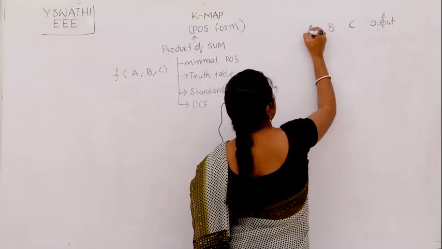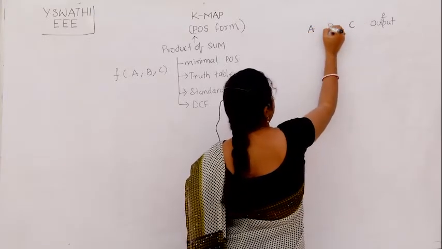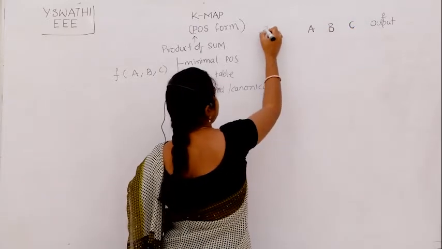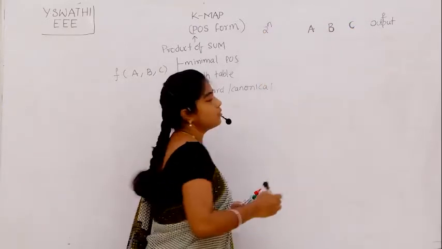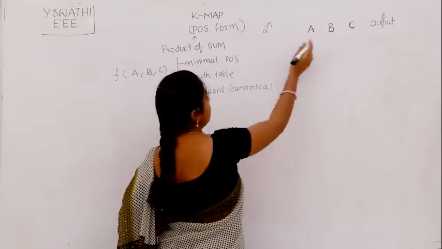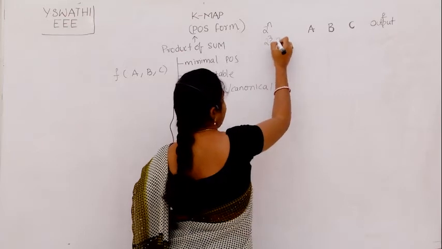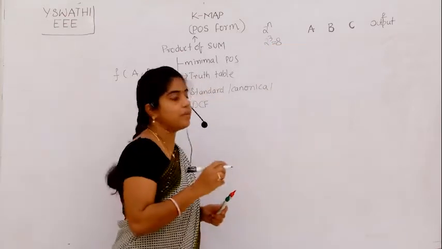We know that when there are n input variables, the possible input combinations are 2 power n. So here there are three variables, so 2 power 3, that is 8 possible combinations are available here.